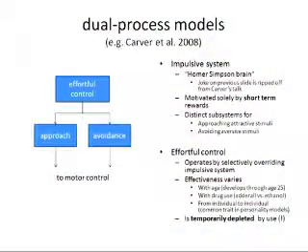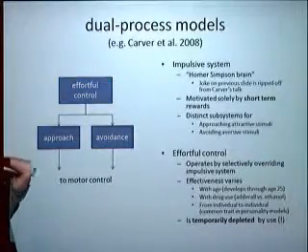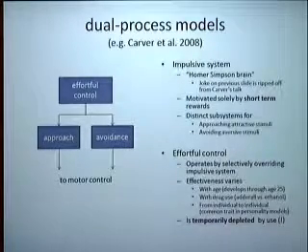So a lot of this takes place in the context of what are called dual process theories of human motivation, which are pretty common. And here's the basic idea. From 10,000 feet, your behavior behaves very much like you have two systems: an impulsive system that is just trying to approach good stuff and stay away from bad stuff, and then an effortful control system that can reach in and override that.